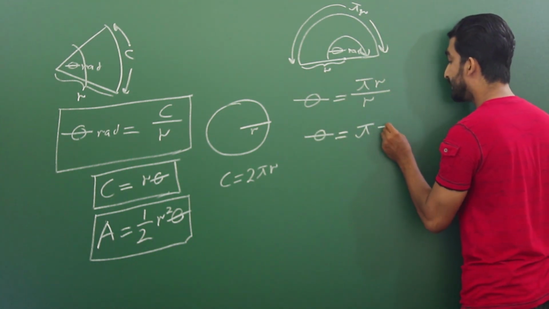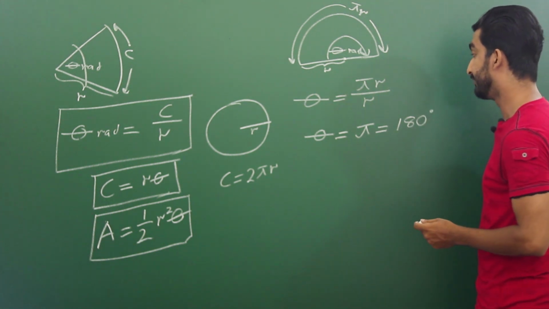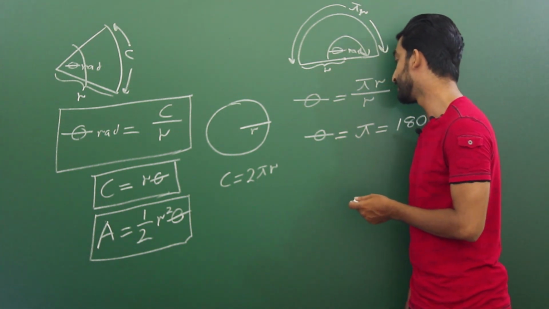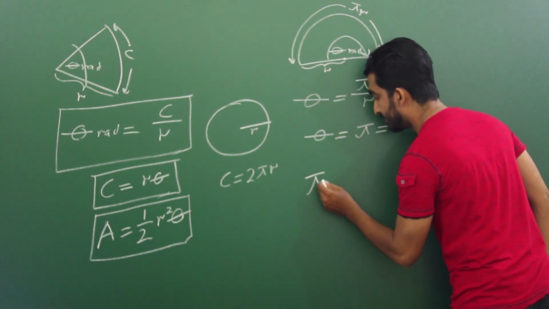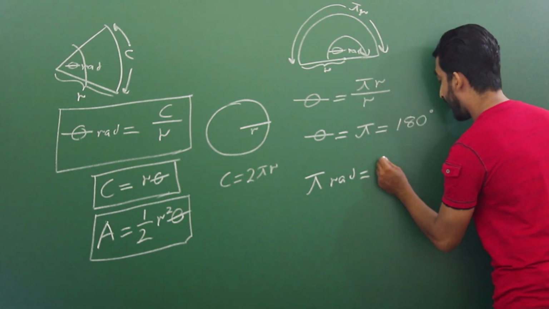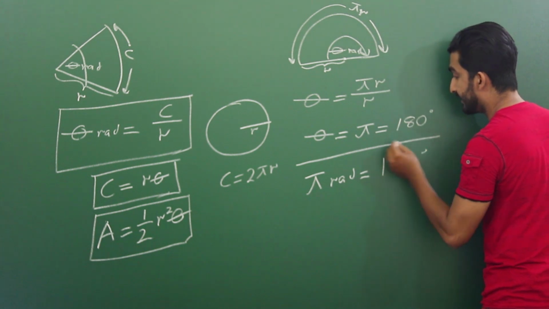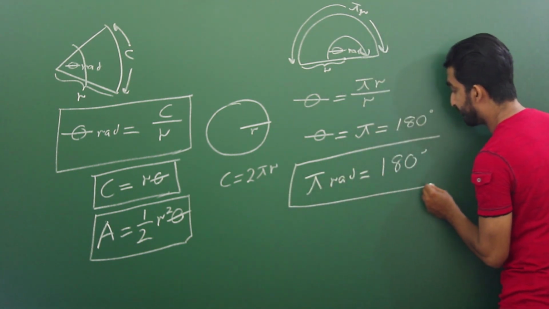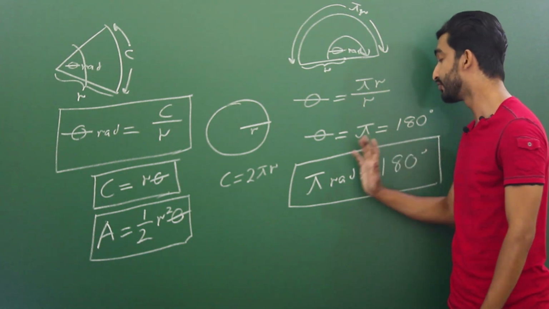So we get this very important relationship, which is pi radian is equal to 180 degrees. So this will be the foundation of converting radians to degrees and degrees to radians.